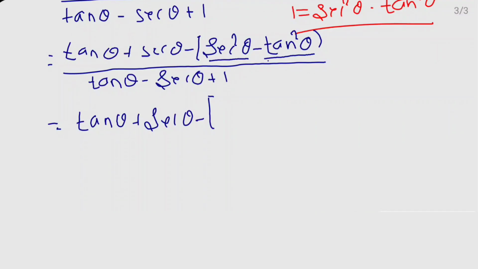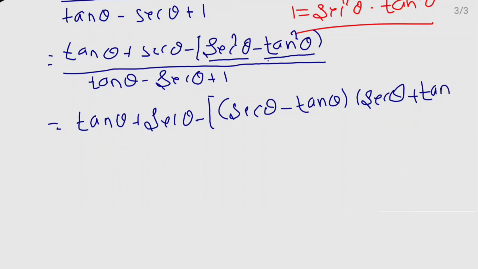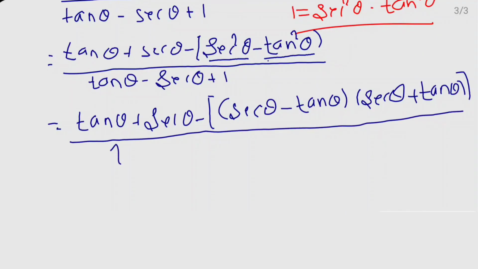So now expanding here, we got (sec theta minus tan theta) into (sec theta plus tan theta), and this divided by tan theta minus sec theta plus 1 as it is.